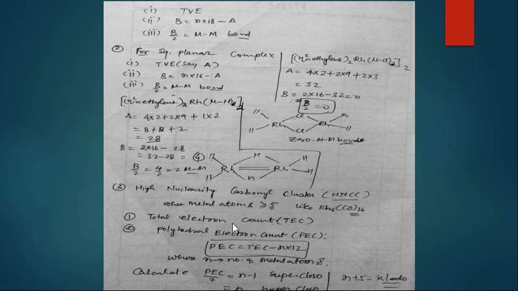The first step is also the same: calculate the total valence electrons and the polyhedral electron count. Here the polyhedral electron count is the total electron count minus n times 12, where n is the number of metals. This is different from the other two cases.